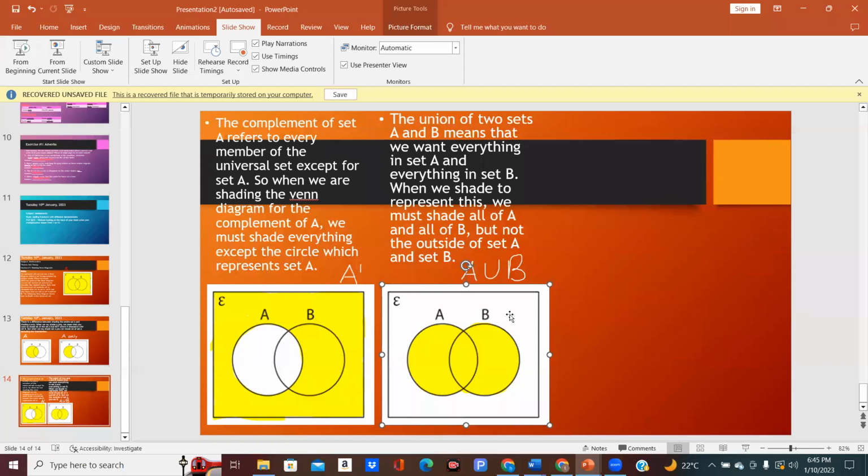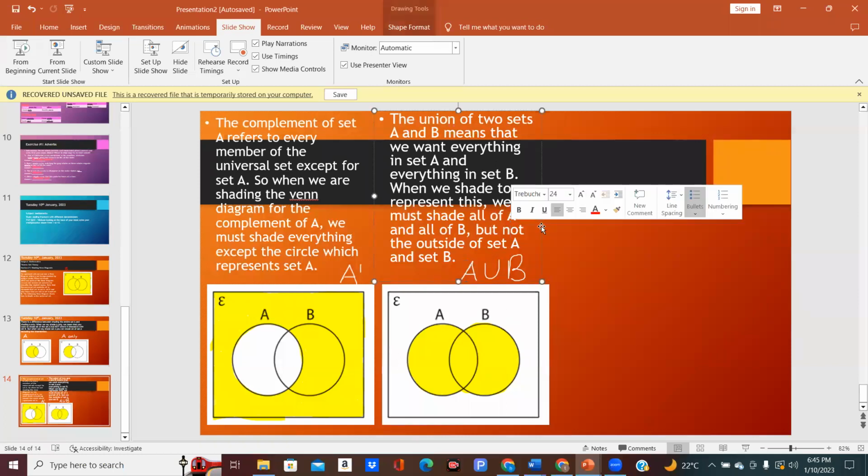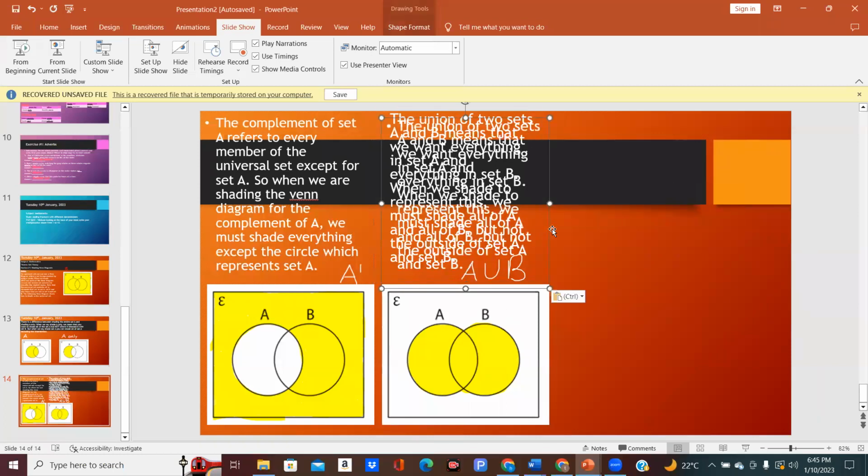And last but by no means least, one of my favorites, the intersection.